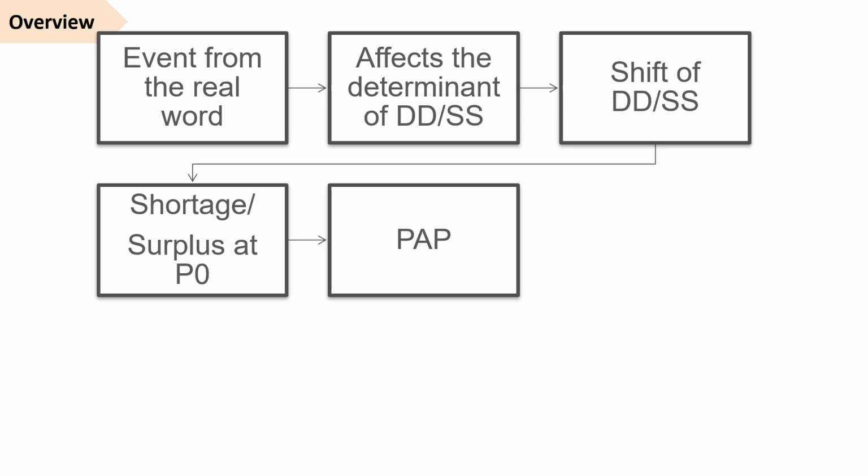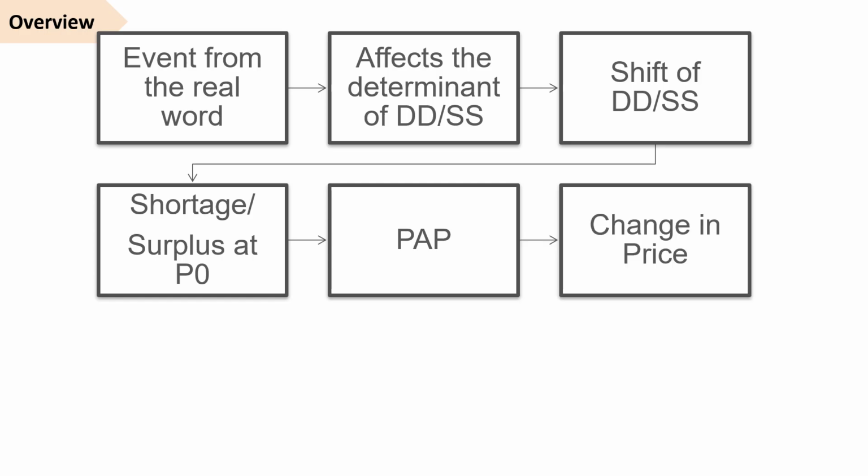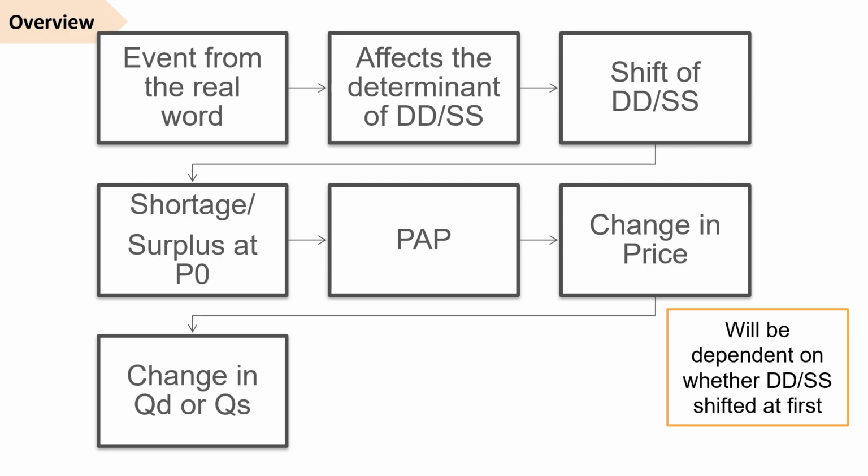Then the buyers or producers will react, and you will see a change in price. And when there's a change in price, there might be a change in quantity demanded or quantity supplied. Whether it's a change in quantity demanded or supplied depends on whether demand or supply shifted first.